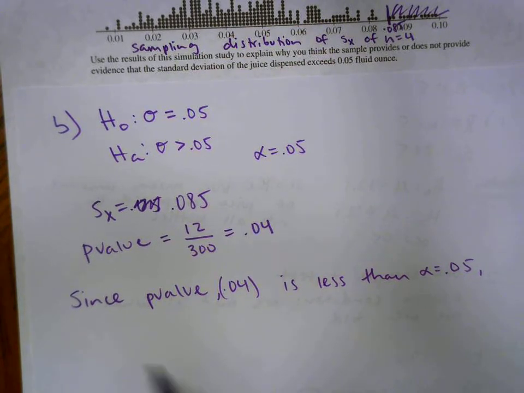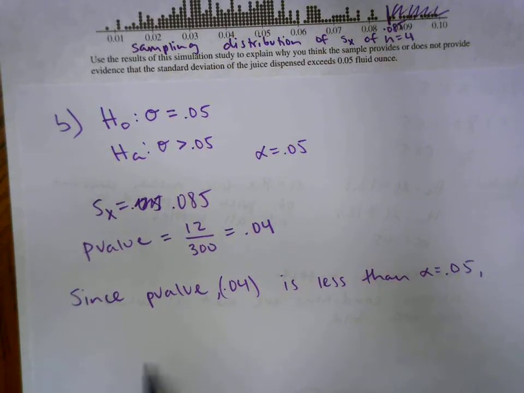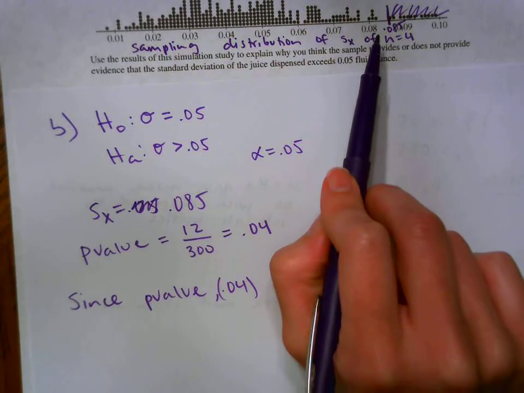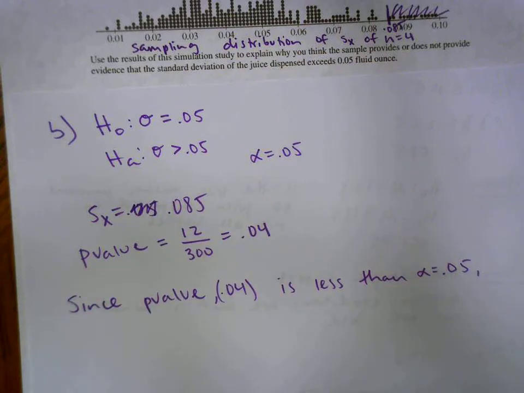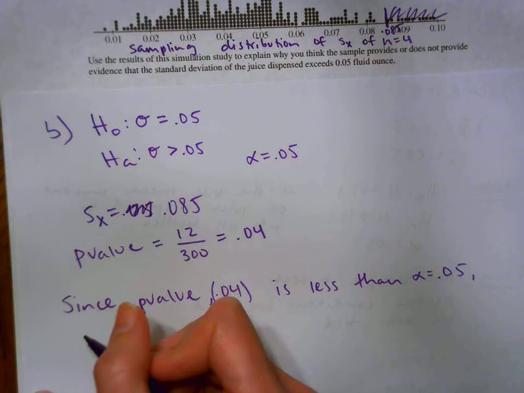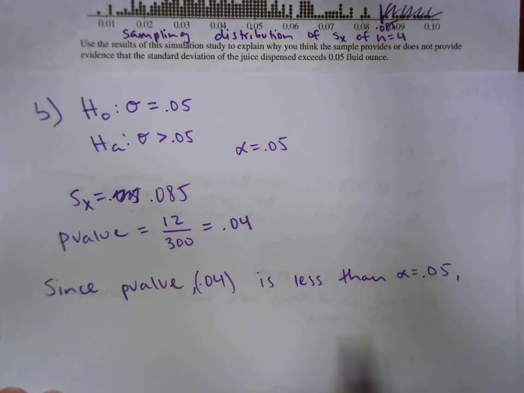Now you can write out the whole sentence, we reject, if that's what you're comfortable with, or you could just go straight to what they asked, since this is kind of like a makeshift state plan to conclude. I guess I'll write it all out just to make y'all happy.